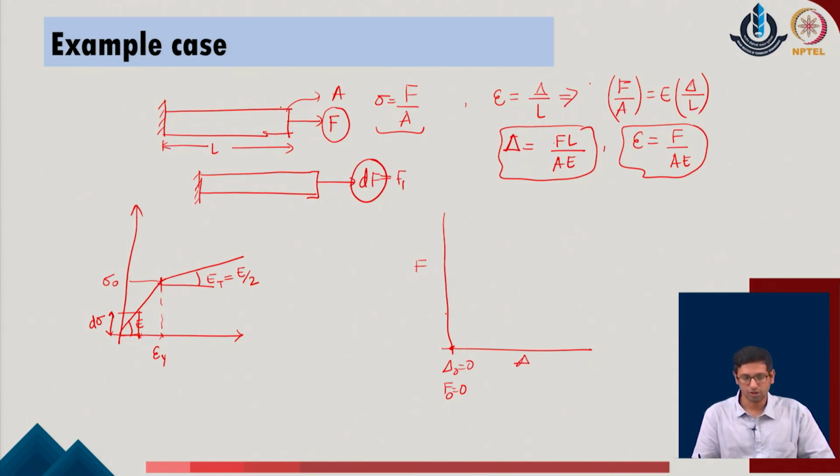Corresponding to this value of F1, which is calculated as the first force increment in the given system, we evaluate what will be the stress in the given system, and that value of the stress with force value F1 will be equal to F1 upon A. At the same time, we also evaluate what will be the strain value at this point, and that value can also be evaluated as the strain equal to F upon AE in the given system.